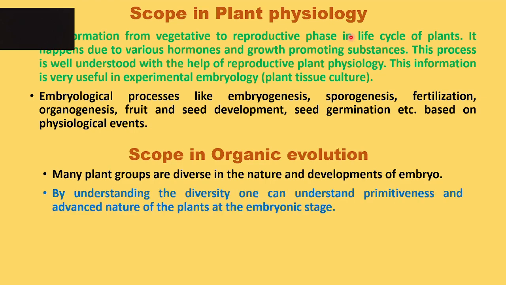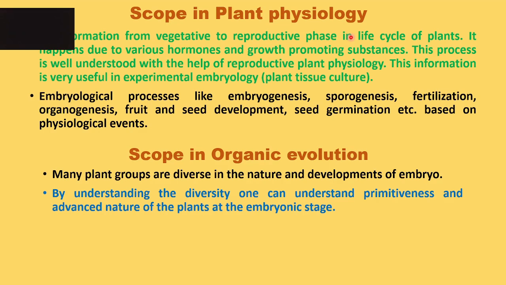By understanding the diversity, one can understand the primitive and advanced nature of the plants at the embryonic stage. Organic evolution means progressively there are some changes taking place in different types of plants. So we can understand the primitiveness and advancedness of different plants by the embryonic stages.